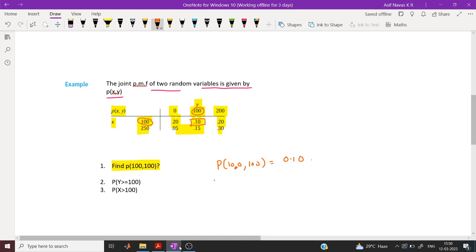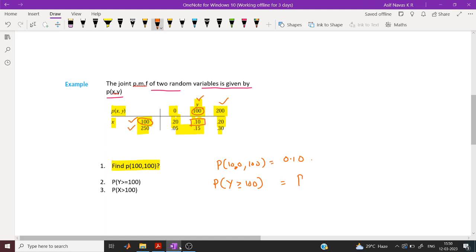Now the second question, P of Y greater than or equal to 100. In Y greater than or equal to 100, Y must take the values 100 and 200, and X takes every value, 100 and 250.